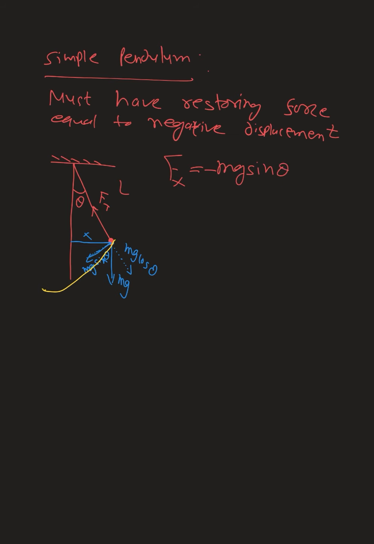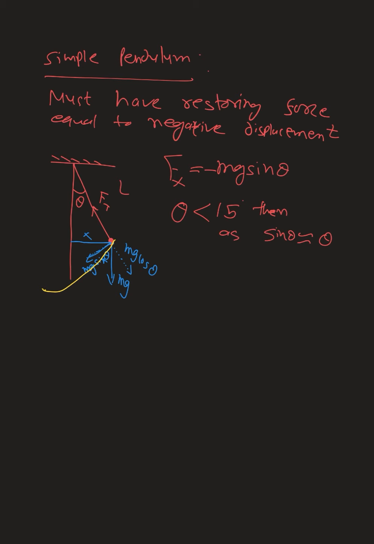In the opposite direction the restoring force is. You can consider this a simple pendulum if your angle is less than 15 degrees, and because it is less than 15 degrees, we can say that sine theta is close to theta, okay? Again, this is the small angle approximation that we are using.